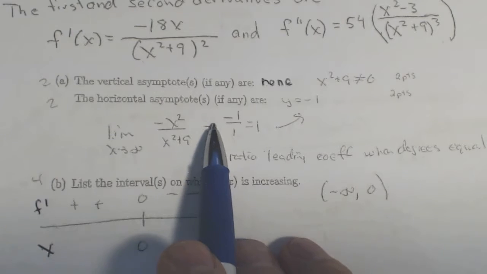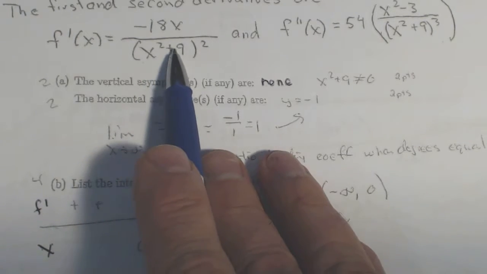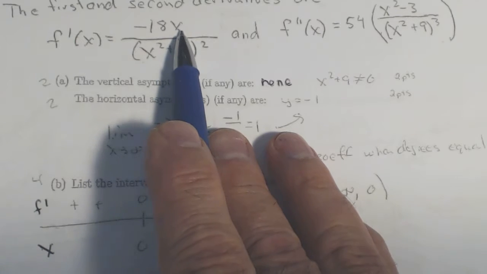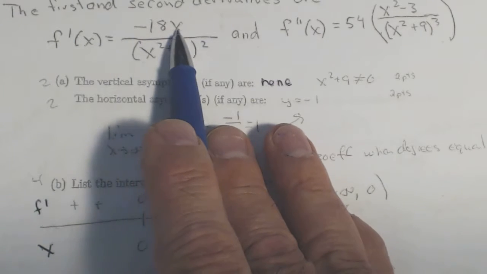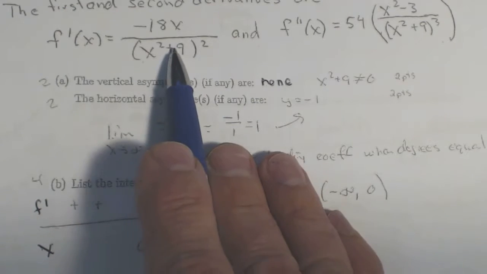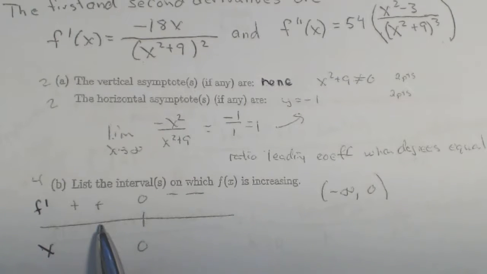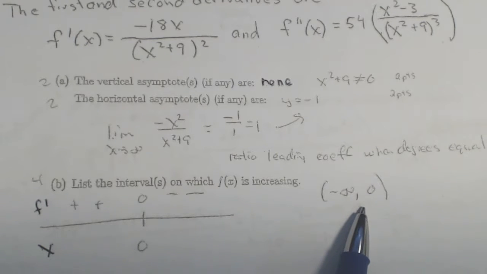To get the sign, the denominator is always positive, so put a positive value for x in here. But because of the negative, you get negative. So for any positive value, the first derivative is negative. And for any negative value, minus a negative would be positive, so the first derivative is positive. Therefore, the function increases where its derivative is positive, and there's your answer, negative infinity to 0.